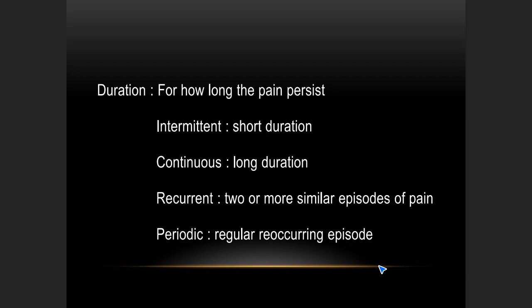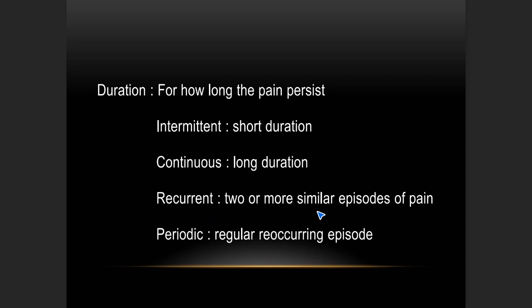Now, based on this, he can have short duration pain or a long duration pain, that is intermittent pain or continuous pain. There is something called recurrent pain. Sometimes the pain goes and comes back again, goes and comes back again. So we call it recurrent pain.